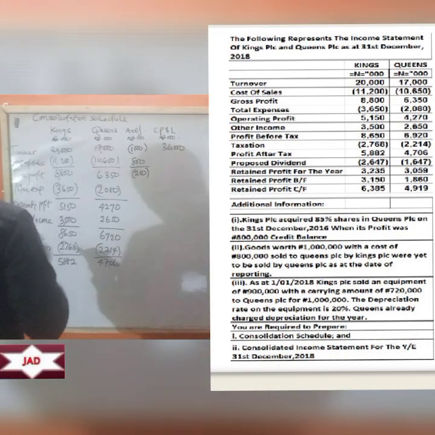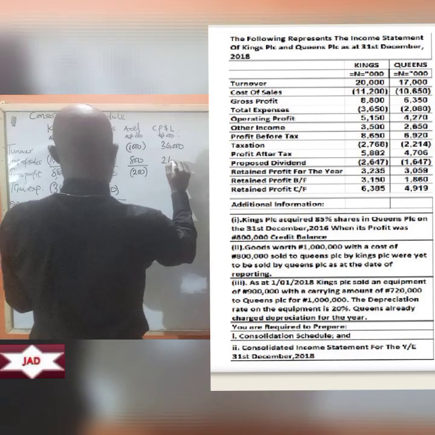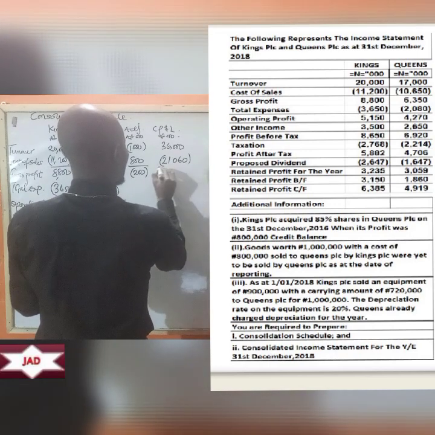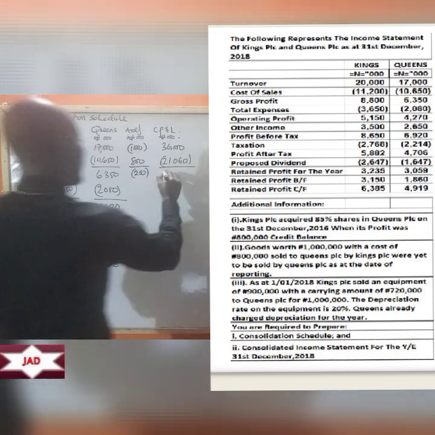So what do we have now? 11,200 plus 10,650 minus 800. That's 21,060. So what do we have? 3,600 minus 21,060. 14,940.